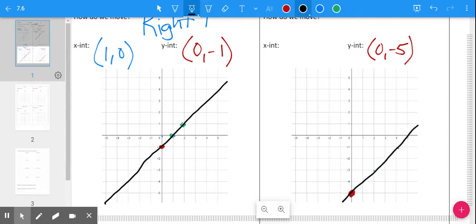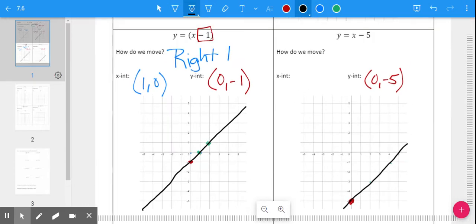And because that minus 5 is outside the parentheses, we want to talk about what's happening to the output, your y values. Y values are always up and down, so because this one's subtracting and because it moved down on our graph, we're going to write down 5. And our x-intercept is now over here at (5, 0).